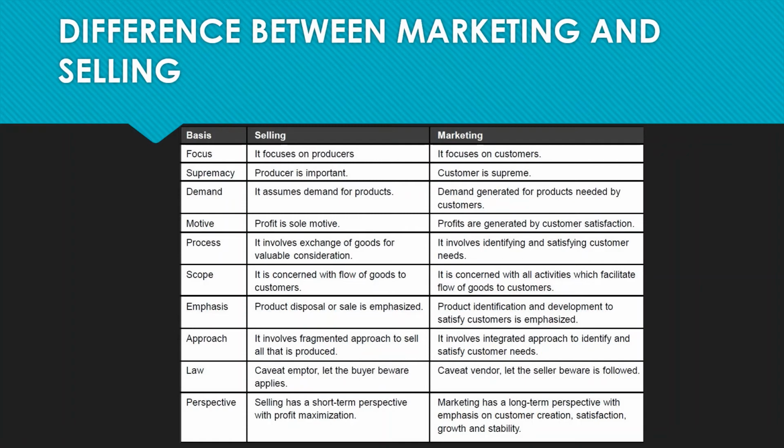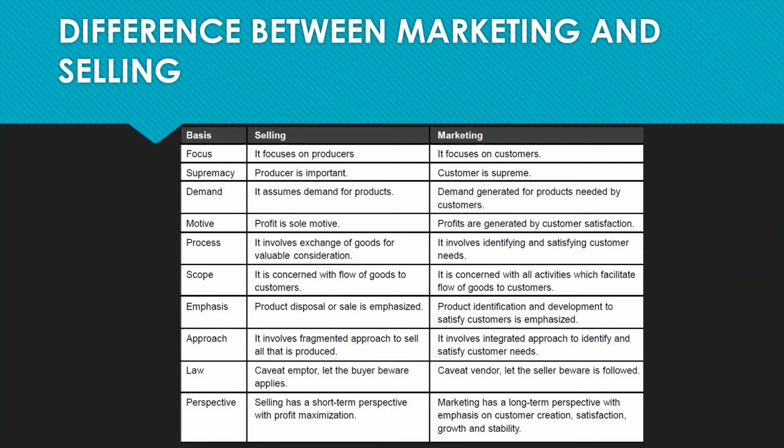Scope: selling is concerned with the flow of goods to the customer, and marketing is concerned with all activities which facilitate the flow of goods to the customer. Emphasis: in selling, product disposal or sale is emphasized. That means the main concern is how you are going to dispose of the product. But marketing is not like that.